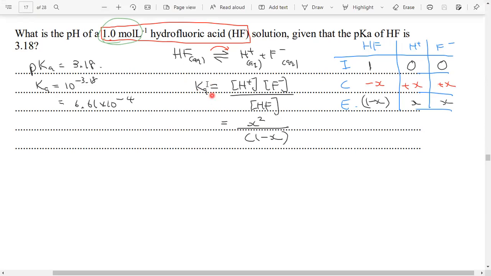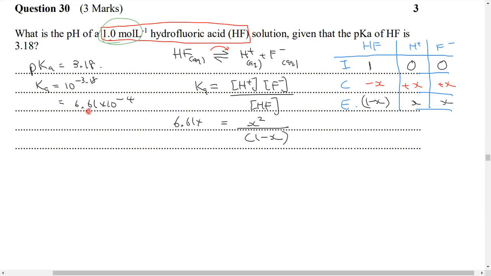And this Ka is this number. Now, from a chemistry point of view, we don't need to solve this quadratic, not in this current form. We just say, because it's weak, we expect x to be much, much smaller than 1, and therefore 1 minus x is approximately 1. Therefore, x squared is approximately 6.61 times 10 to the negative 4.